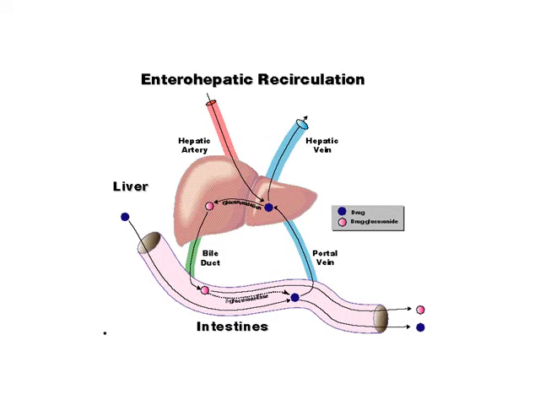You can see it going down through the little green bile duct, and it's put back into the small intestine. Well, once it hits the small intestine, there are glucuronidases, which are produced by bacteria, that can kick off the glucuronide molecule, leaving the free drug again, which can then be picked back up, enter into the circulation, and actually be absorbed and go to the systemic circulation.